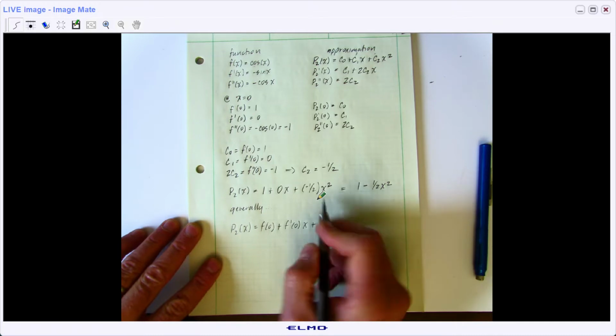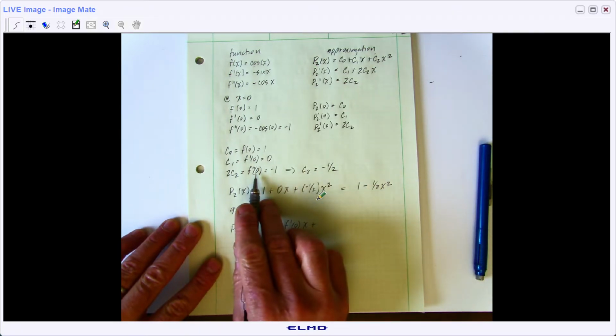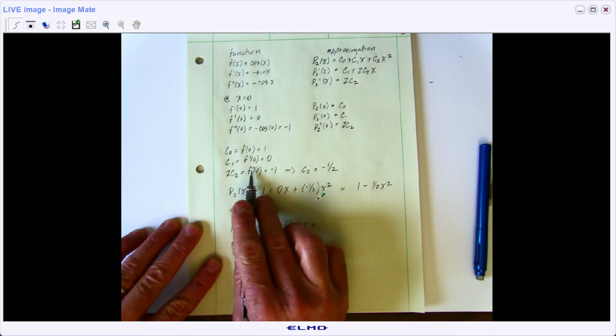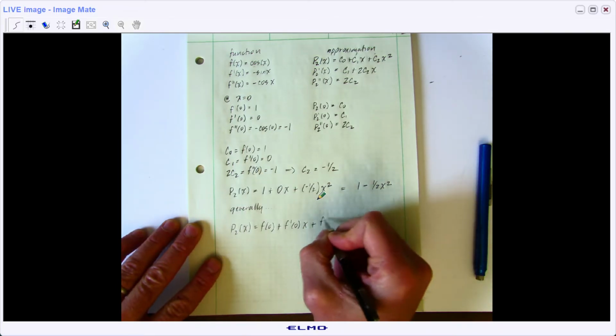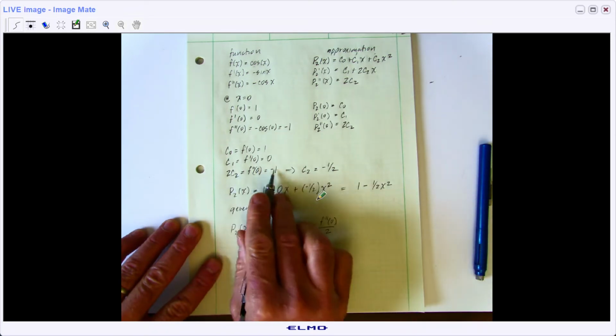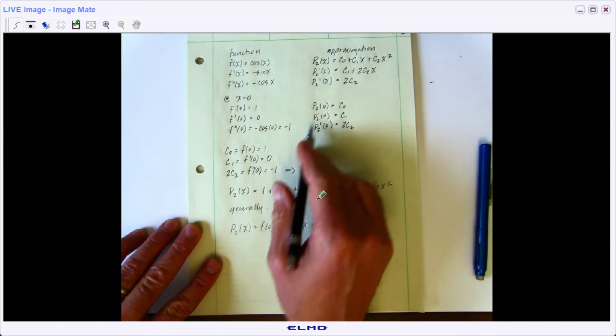And then what's interesting here is where did the 1/2 come from? Well, the 1/2 is the same thing as f double prime of 0 divided by 2. So the f double prime of 0 is the negative 1, and the 2 came to us from, let's go back and retrace it.